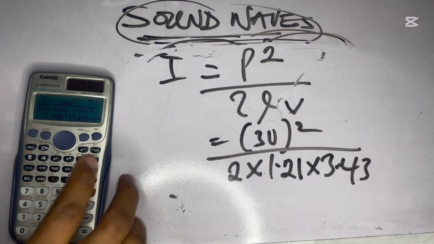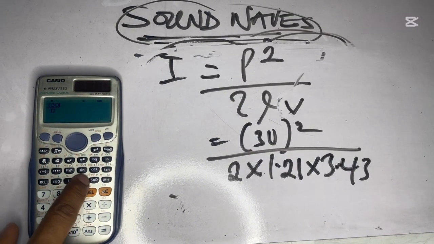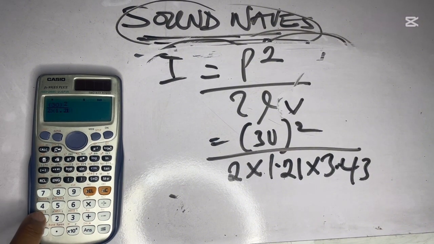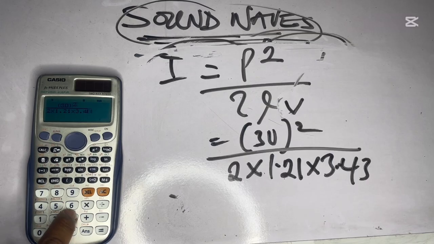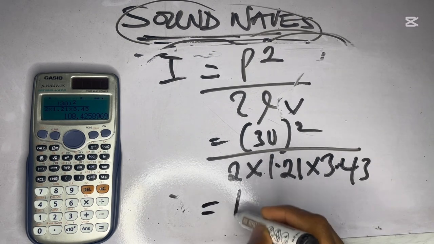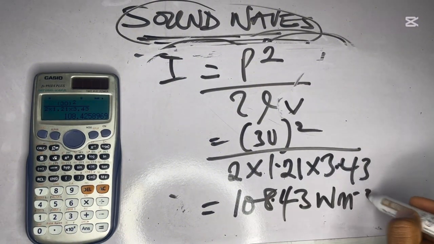So let us solve this quickly with our calculator. We have 30 all squared, divided by 2 times 1.21 times 3.43. This will give us approximately 108.43 watts per meter squared.